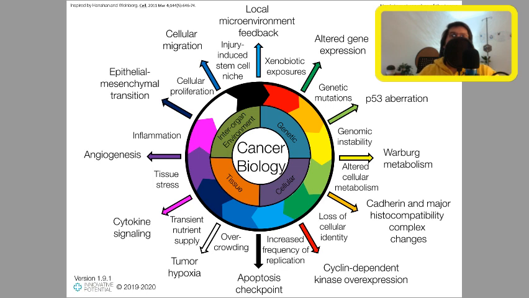Because for the same reason there's a transient nutrient supply and tumor hypoxia, and not enough oxygen getting into the tumor, it's the same reason your drug is failing. It's the same reason there's increased expression of drug efflux pumps. This is the whole show here. It's its own thing. It's its own beast. It's its own species.